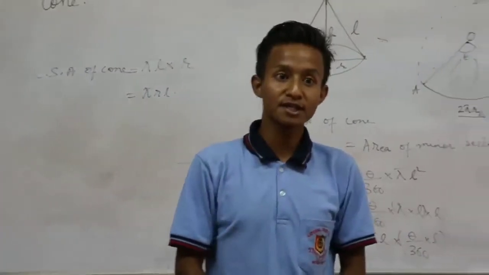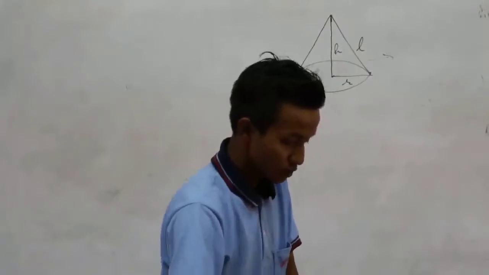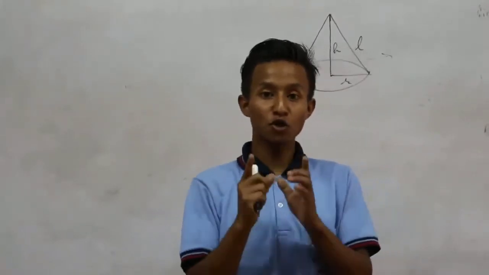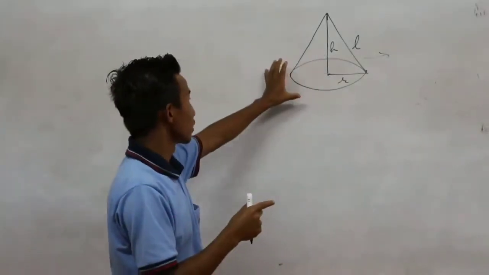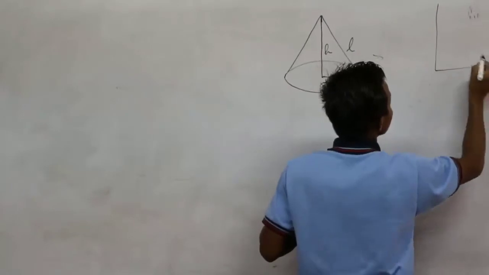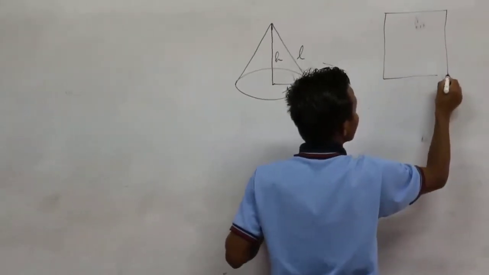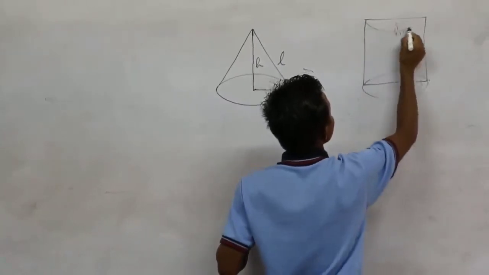Next, I'm going to discuss the volume of the cone. So a volume can also be obtained from the volume of a cylinder. Let me take a cone and a cylinder. This is a cylinder.